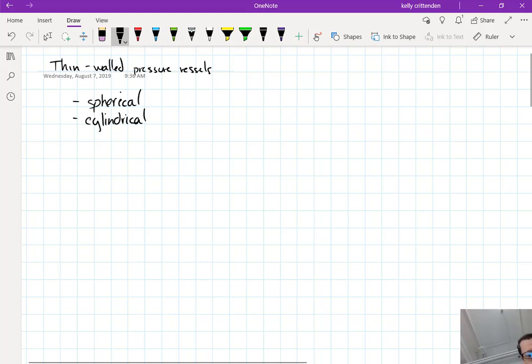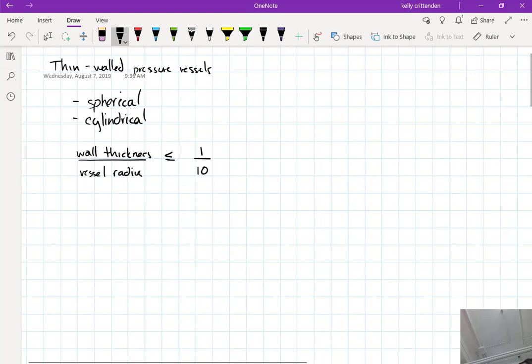So in particular, the ratio of wall thickness to vessel radius, we want this to be smaller than, it doesn't have to be, equal to or less than 1/10. Sometimes you'll see this written as 1/20. That's when you're talking about wall thickness to diameter, obviously. So you multiply by 2.